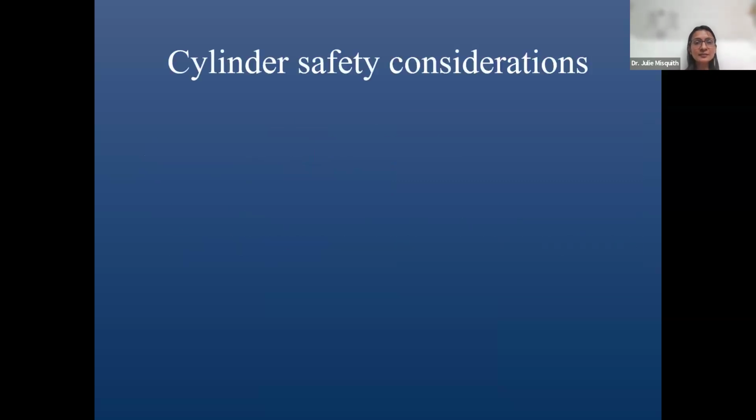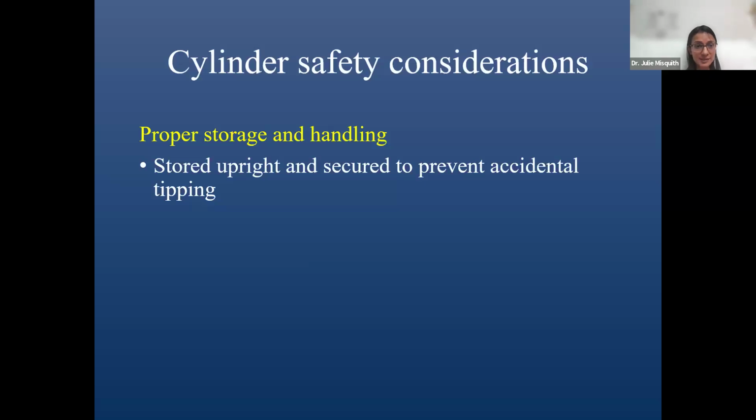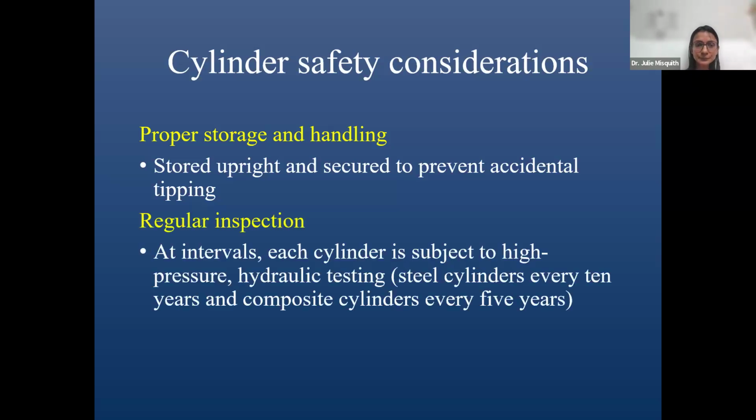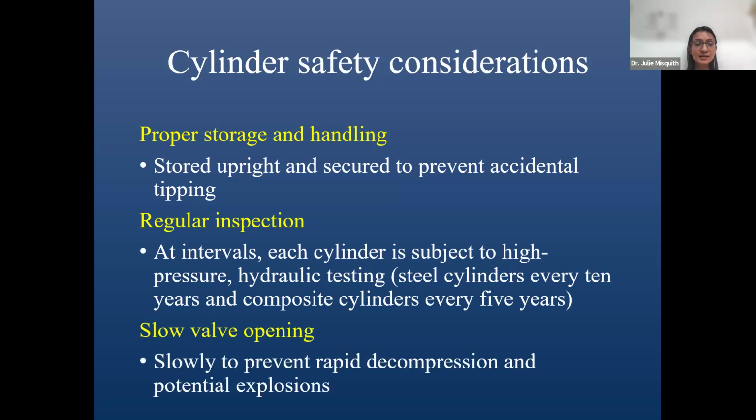Now, coming to cylinder safety considerations, first, on the cylinder itself, there's proper storage and handling. It always has to be stored upright and secured to prevent accidental tipping. Regular inspections have to be done by hydraulic testing, steel cylinders every 10 years and composite cylinders every 5 years.